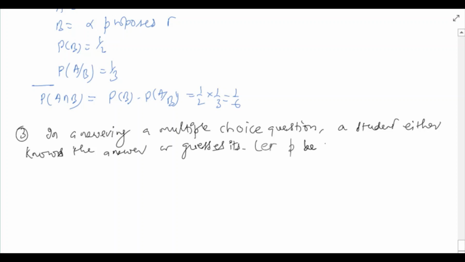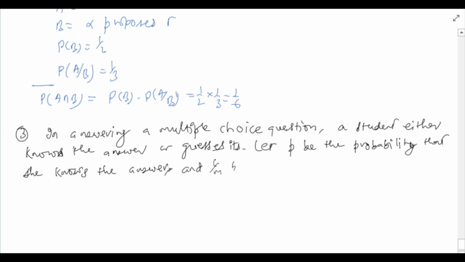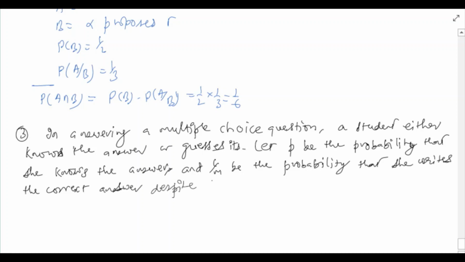Let p be the probability that the student knows the answer, and 1 by n be the probability that she writes the correct answer despite not knowing it. That is, she guesses correctly.